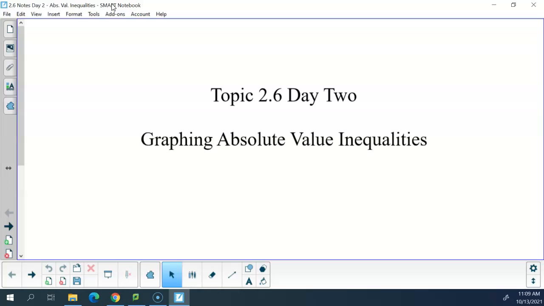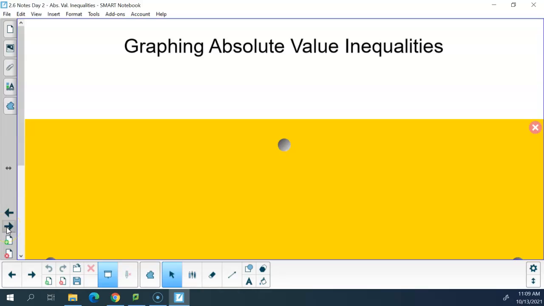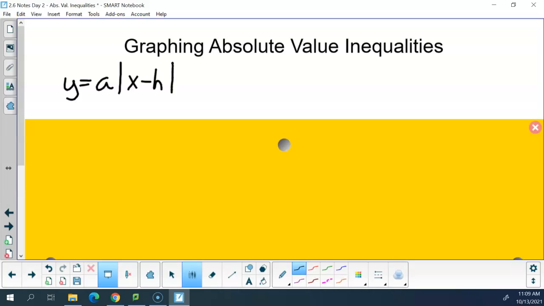So the first step. Well, first off, we should refresh our memories as to what an absolute value graph is going to look like. So remember, it's going to be y equals a times the absolute value of x minus h, then plus k. What's the graph look like?